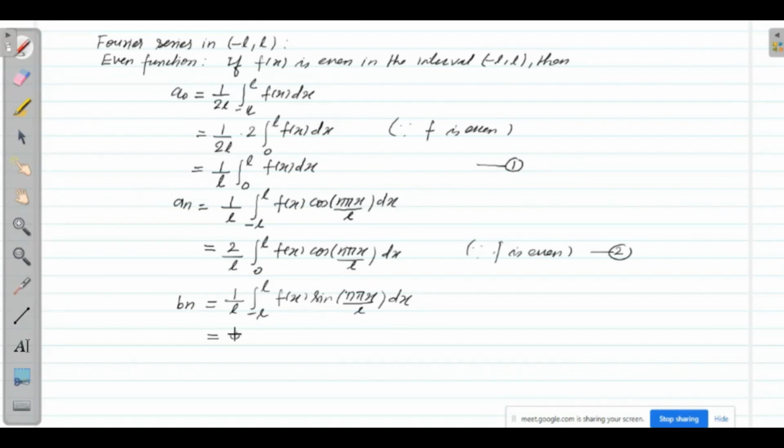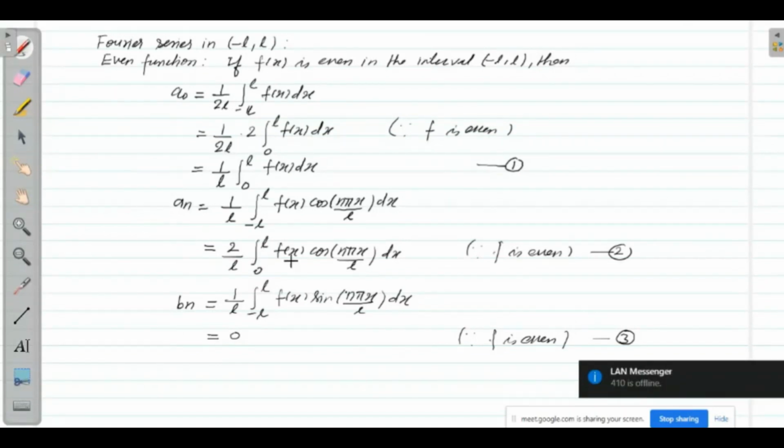Write down: since f is even and sine is already an odd function, even into odd is odd, so bn will be 0. Number 3. So for Fourier series in the interval, you will have a naught is 1 upon L limit running from 0 to L f of x dx, an will be 2 by L limit running from 0 to L f of x cos n pi x by L dx, and bn will be 0.